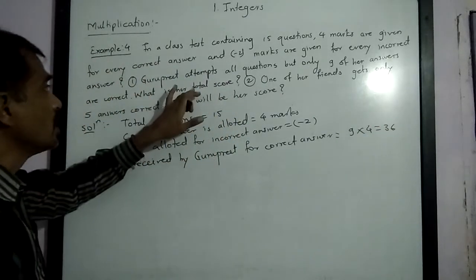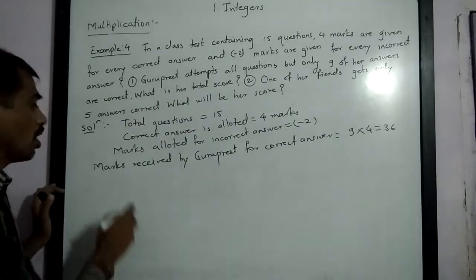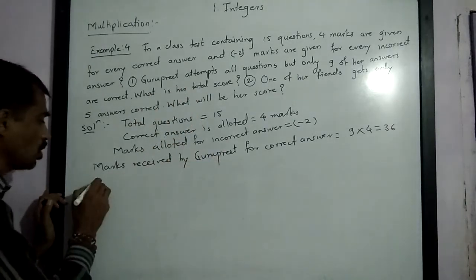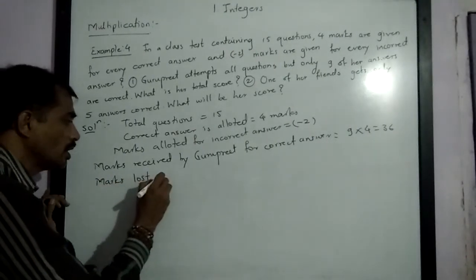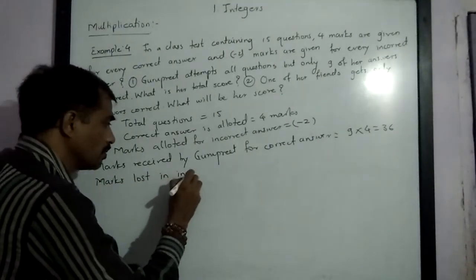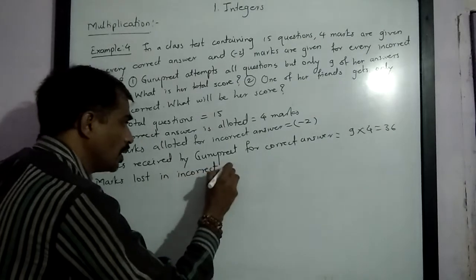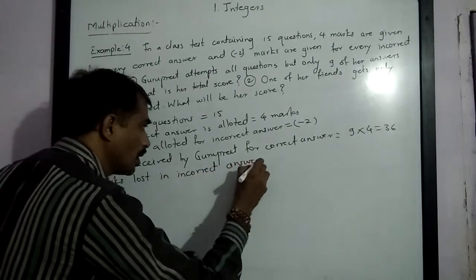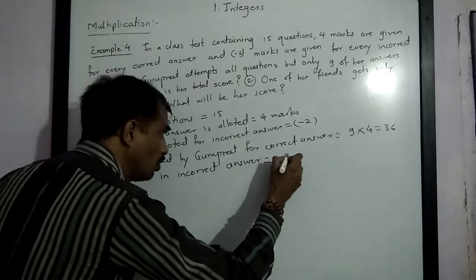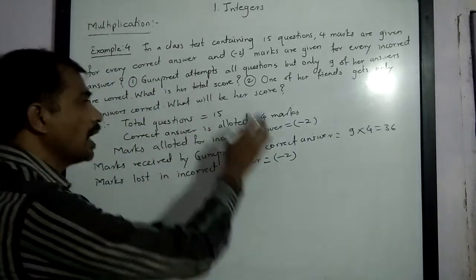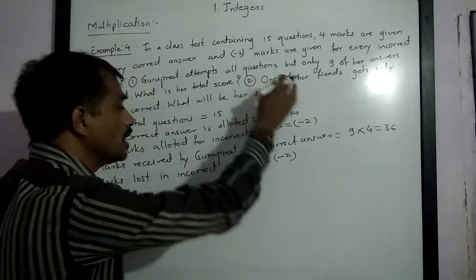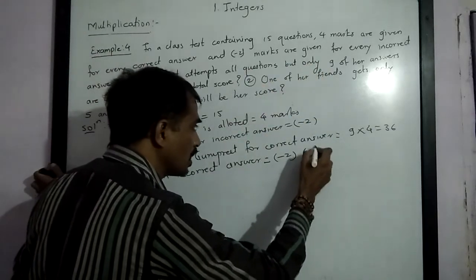Now other questions, so her 6 questions were wrong, so marks lost in incorrect answers is equal to, please note, negative 2 marks are allotted for every incorrect answer, and her incorrect answers are 15 minus 9, that is 6.